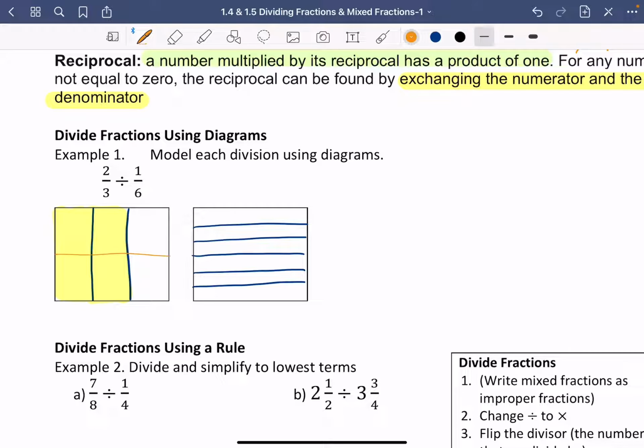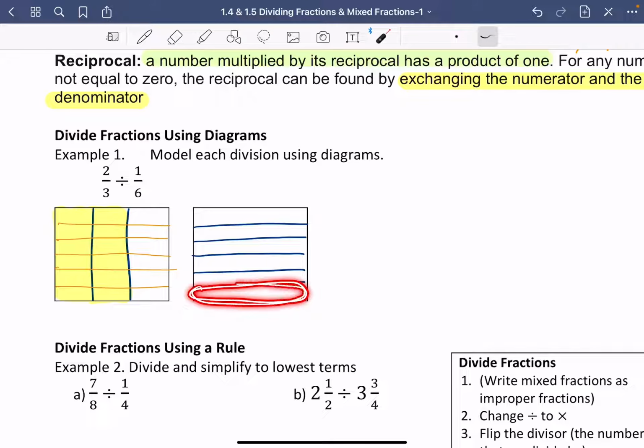Okay, now you guys can tell that each rectangle piece here is the same as 3 little rectangles.